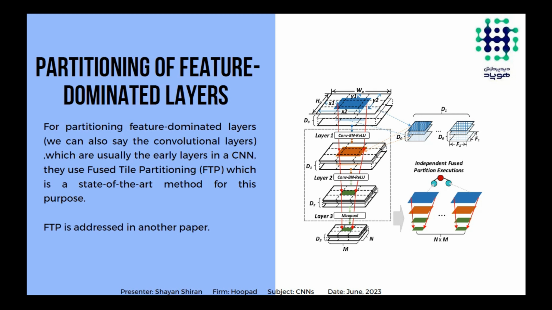One of them is partitioning the feature dominated layers, which are usually the early layers in a network, we can say the convolutional layers. And the other one is partitioning the weight dominated layers, which are usually the last layers in our neural networks, the fully connected layers.